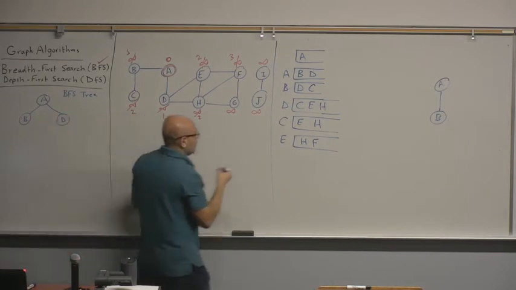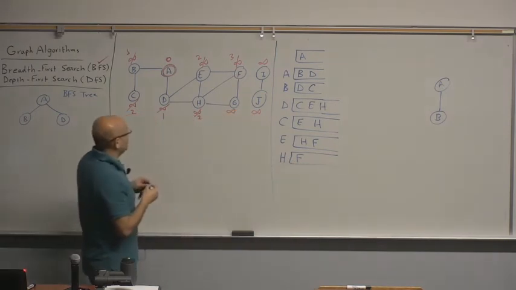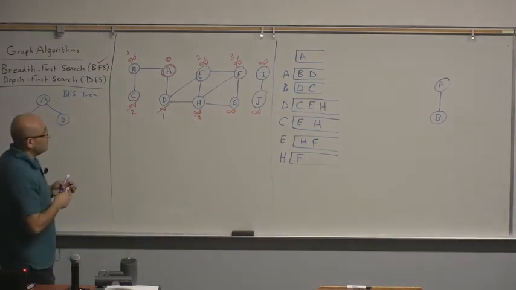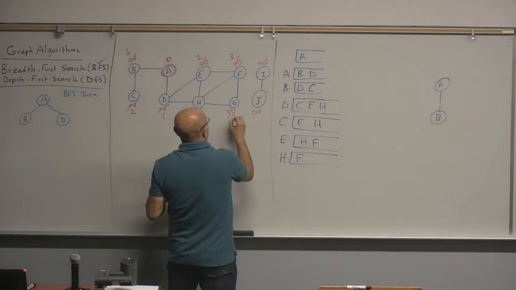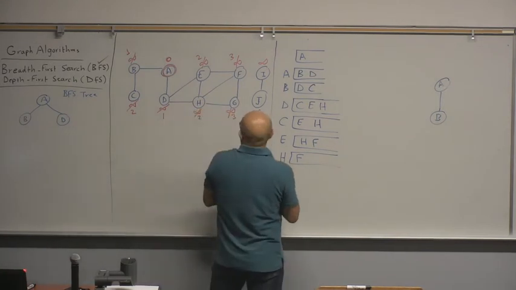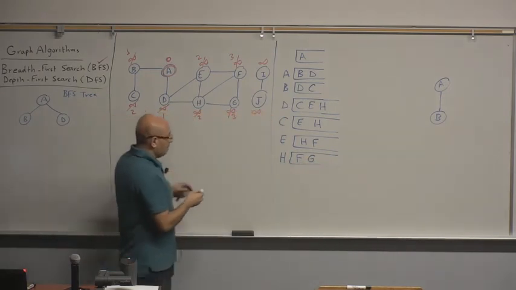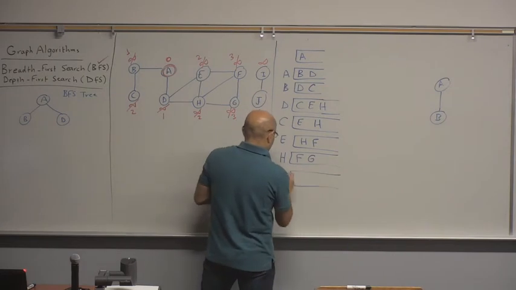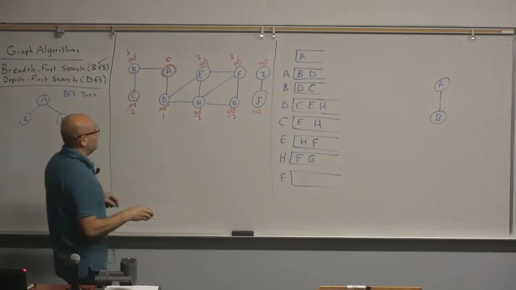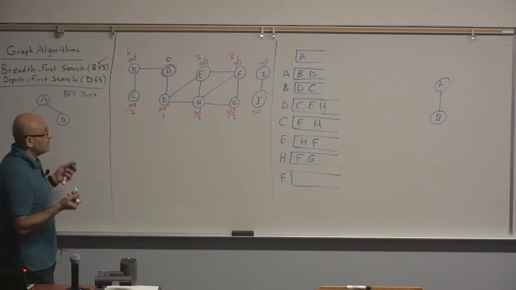Then I take H out, and I put the neighbors of H that have not been visited. And how many unvisited neighbors does H have? 1, which is G. So I give it distance 3, and I put it after F. Then I dequeue F, and I put the neighbors of F that have not been visited, and that's an empty set.